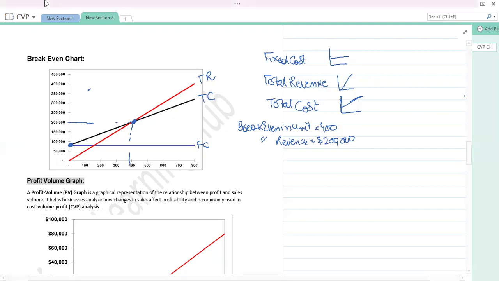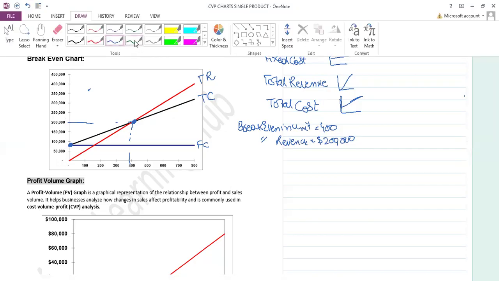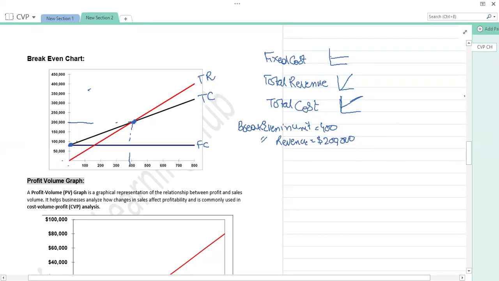Here you can see your cost is higher than your revenue. The revenue line is less, or the revenue is less than your cost. So before break-even, this is the area of loss. And now you can see revenue is more than total cost. This is your profit.